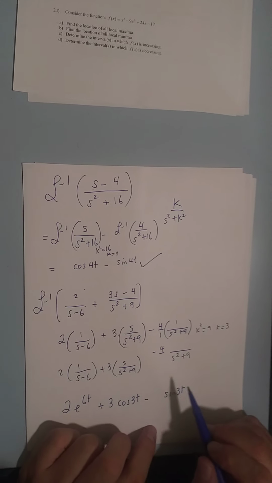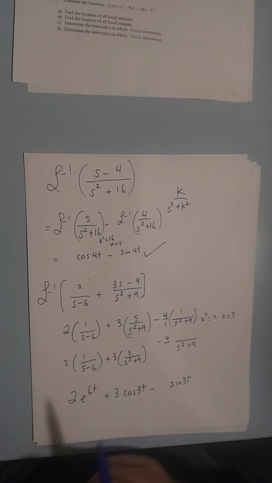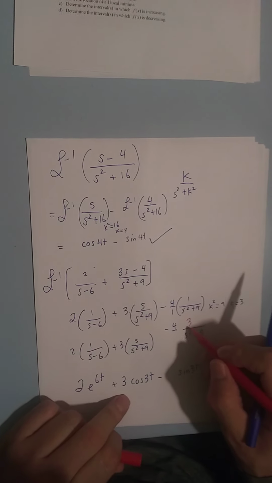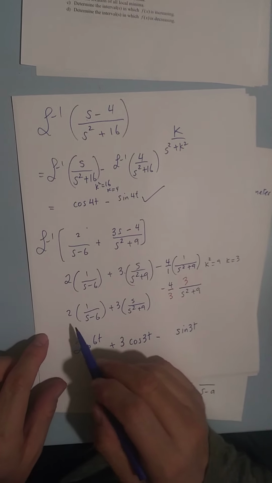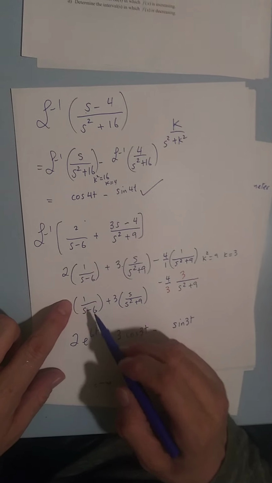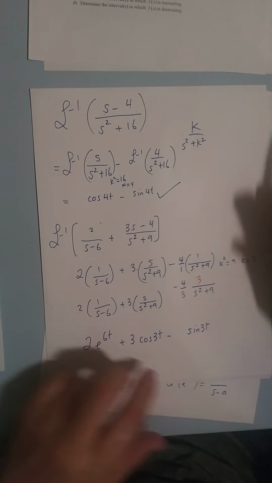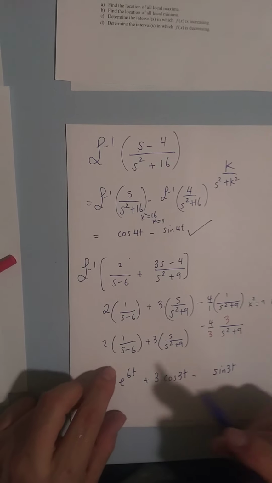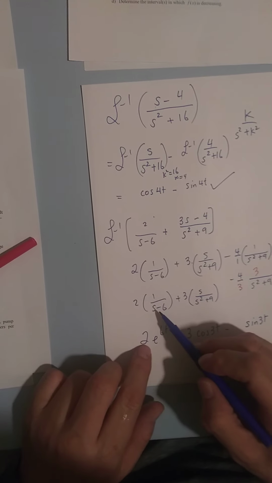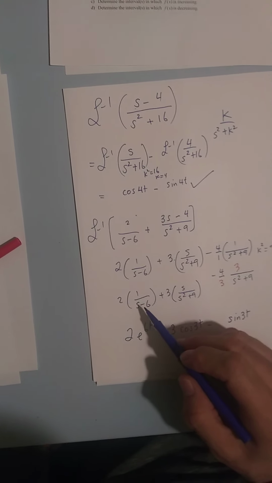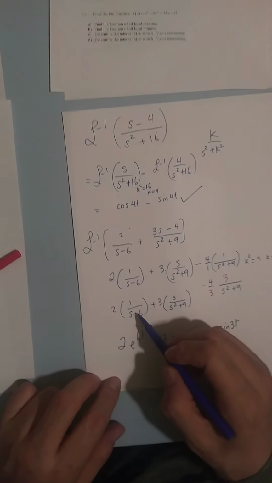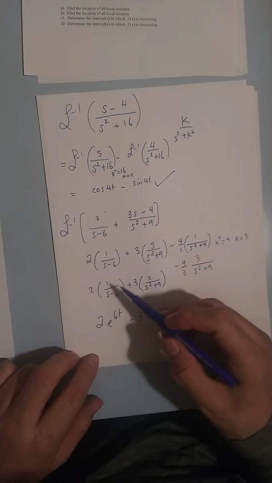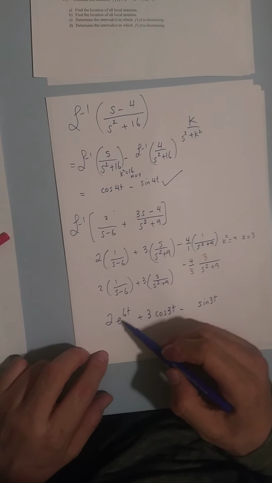I took the 4 out, I haven't changed anything, so I'm going to put the 3 here, but divide by 3. This is the inverse transform of 1 over s minus 6. Why? Because the transform of e to the power 6t is 1 over s minus 6. So the inverse transform of 1 over s minus 6 is e to the 6t.